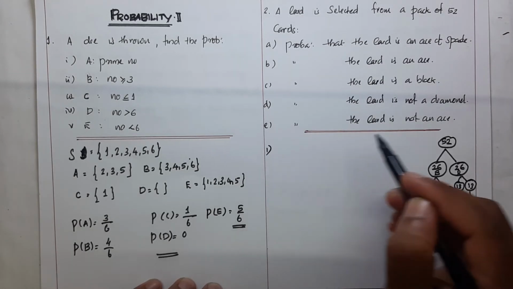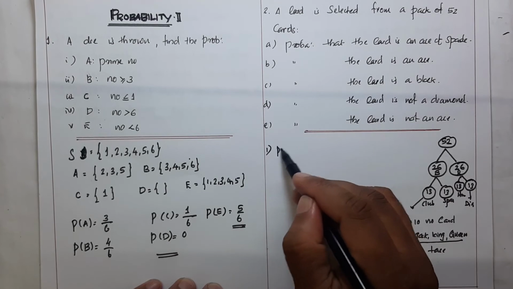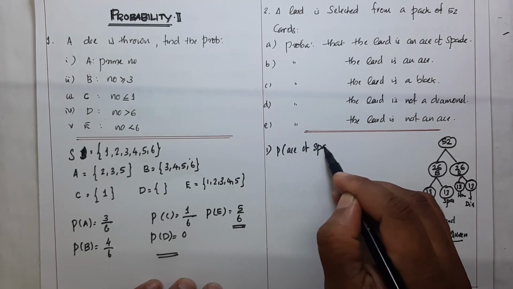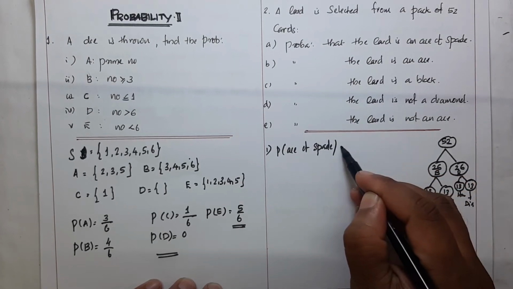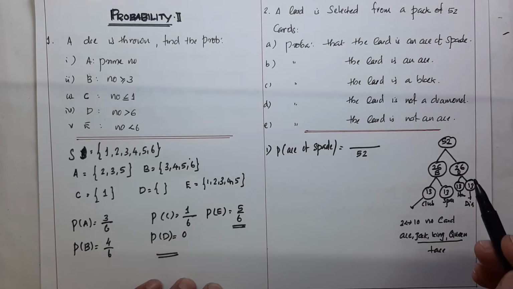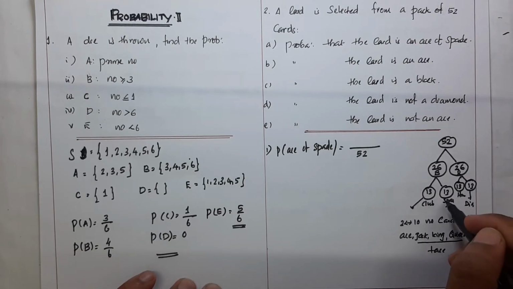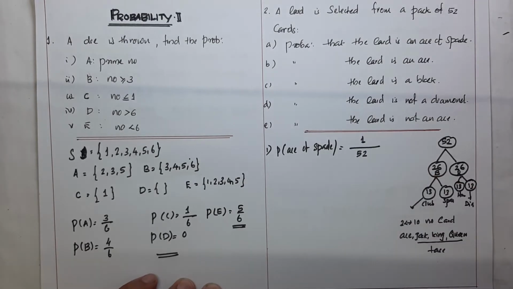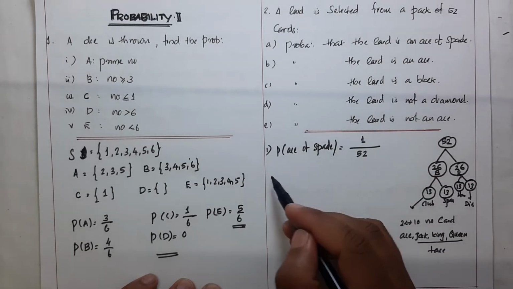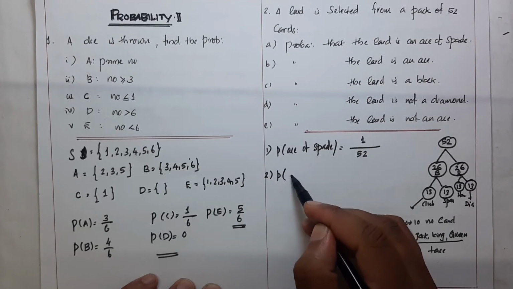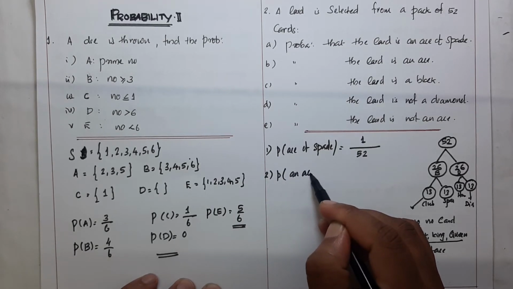Our first question: probability that the card is an ace of spade. We know the total number of elements is 52. Spade contains only one ace card, and therefore the answer is 1 divided by 52. Now the second question, probability that the card is an ace.